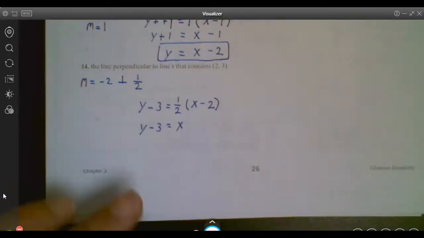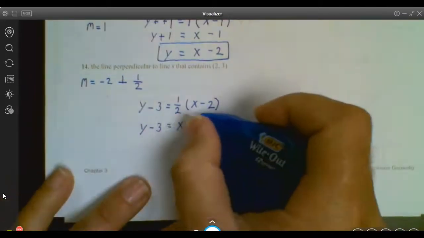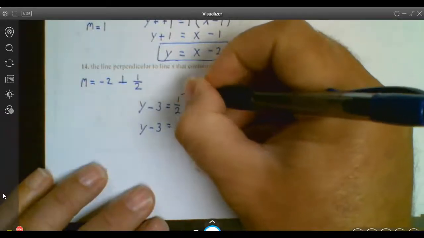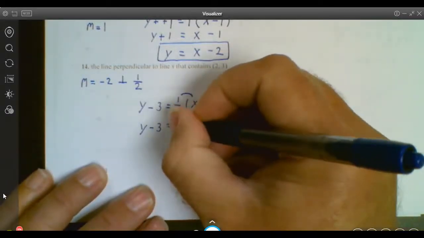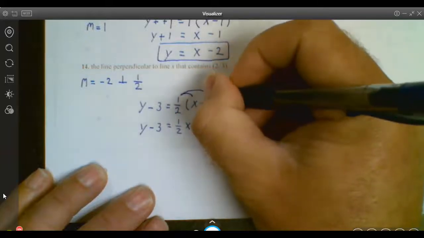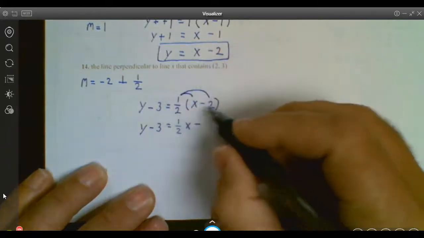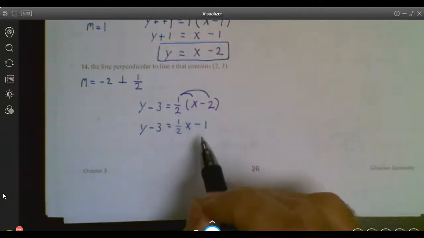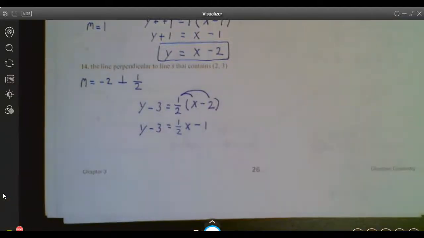So before I forget to apply it to my x as well, so as I distribute, so half x minus, and we know half of 2 is 1, right? And so that one really worked itself out. We didn't need to try to get rid of the fraction.